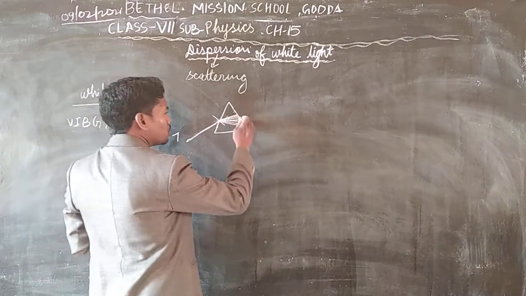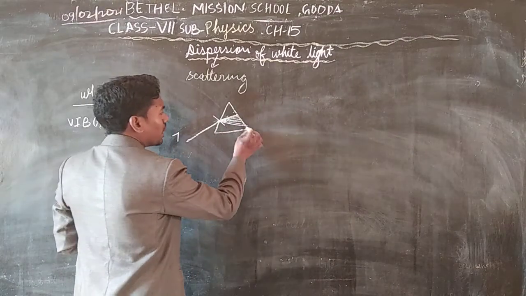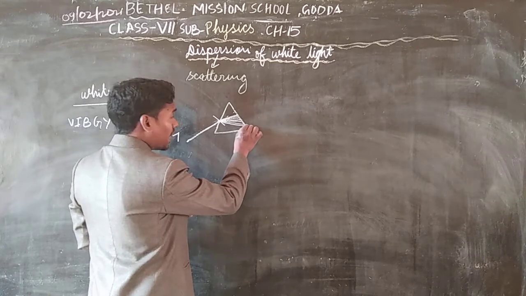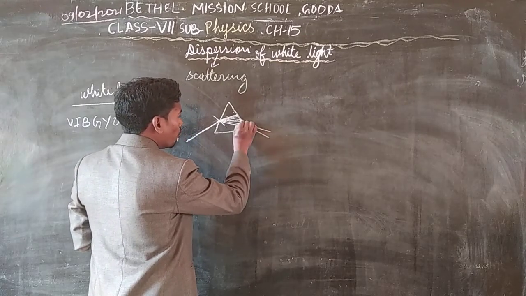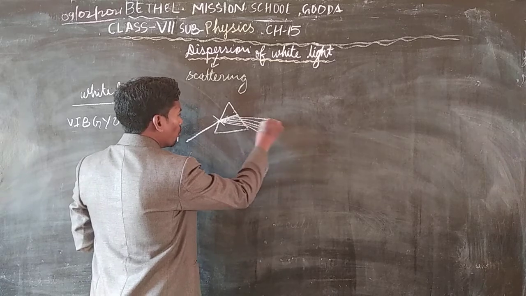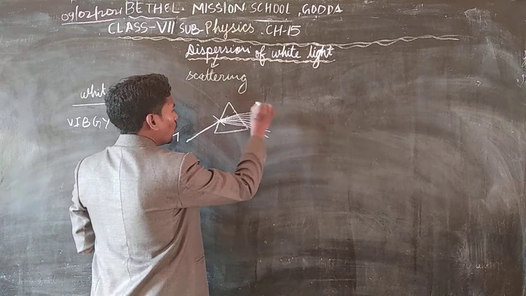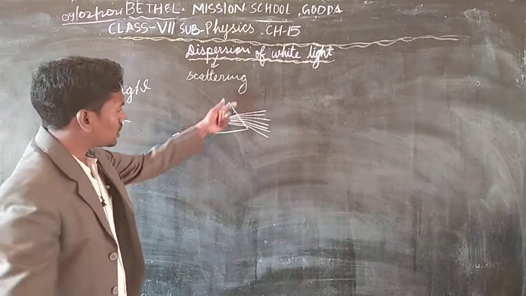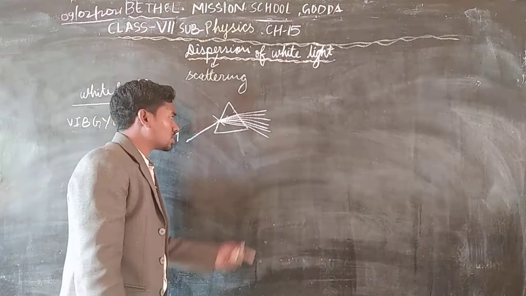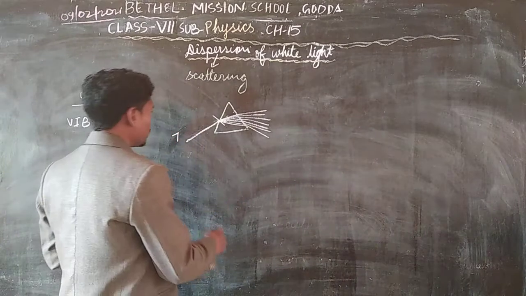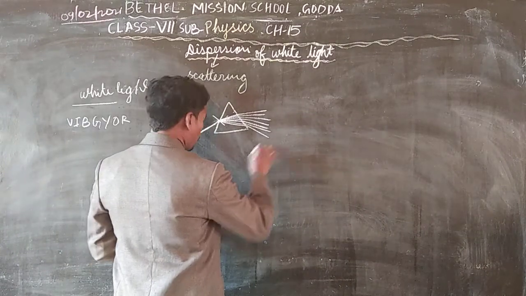After it comes to this surface of the prism, it scatters a bit more, and you can see all these colors of light separately.